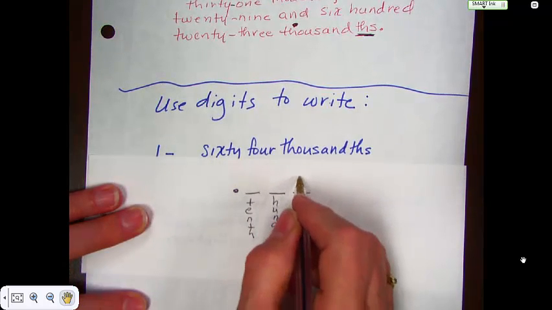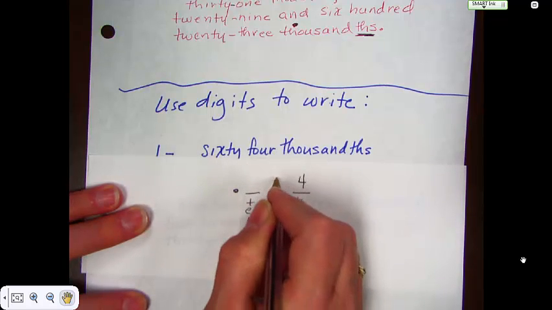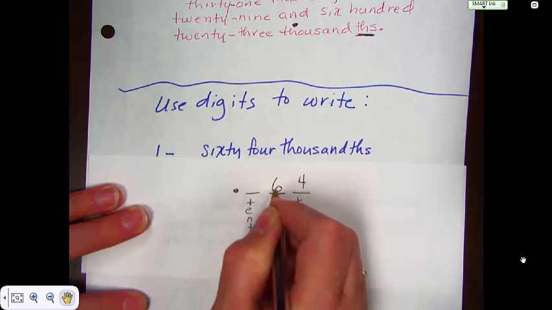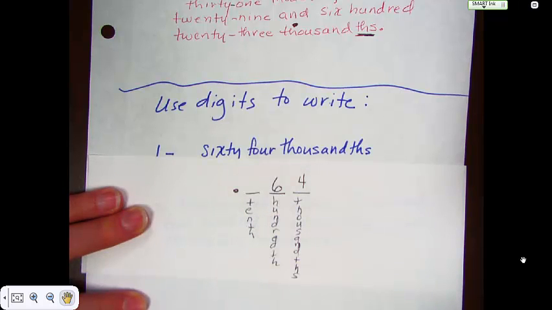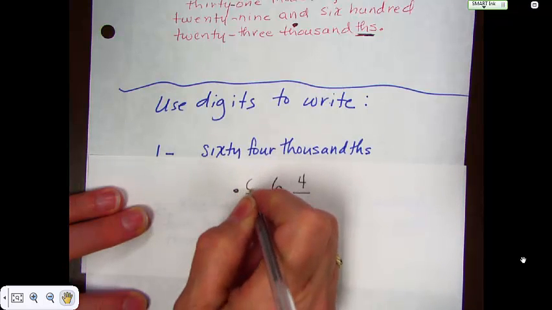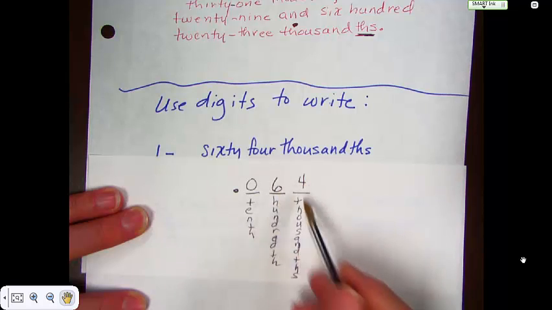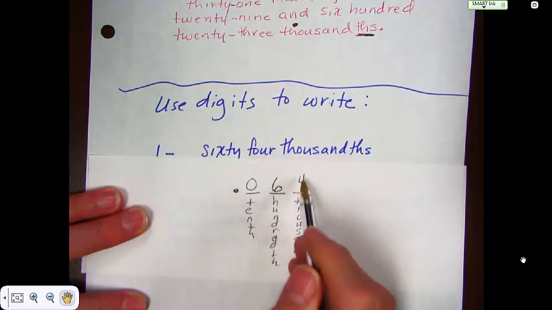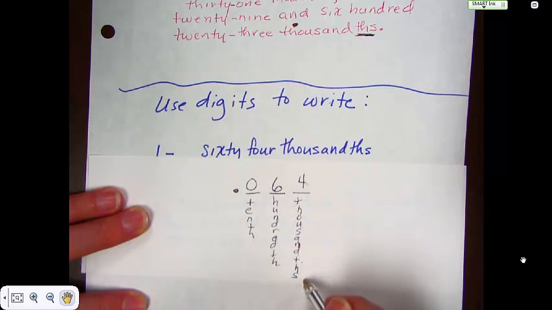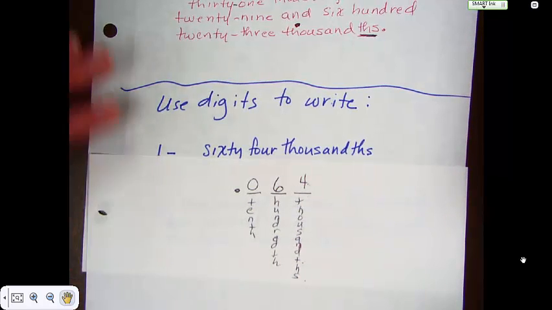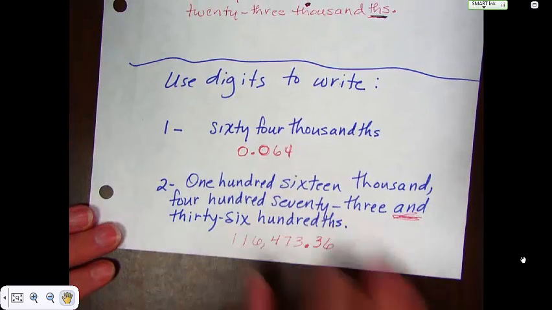So the 4 must go here. And then the 6 would have to go here. Unfortunately, a lot of people get confused on this and they forget to put a 0 here for a placeholder. So this is 64 thousandths. The last number has to land in whatever the place value is that you're trying to write it to.